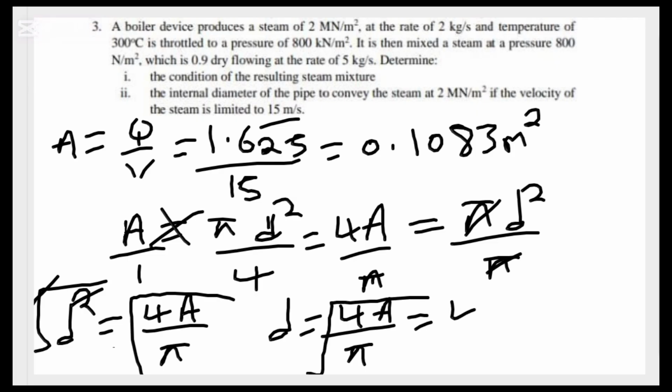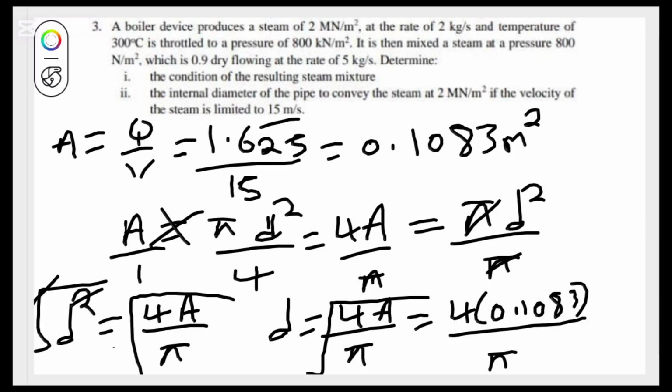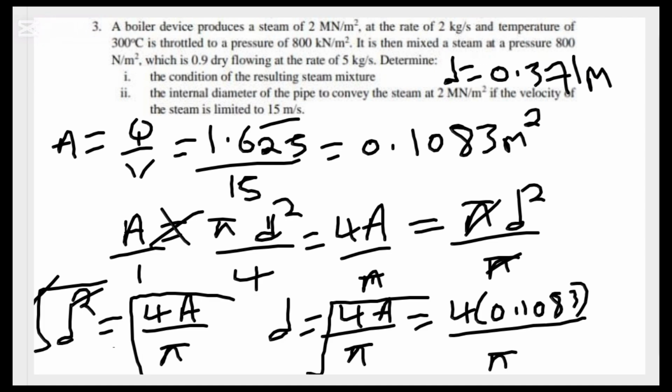So I will have 4 multiplied by 0.1083 by pi, 22 over 7. So what should I get approximately? My diameter is equal to 0.371 meters.